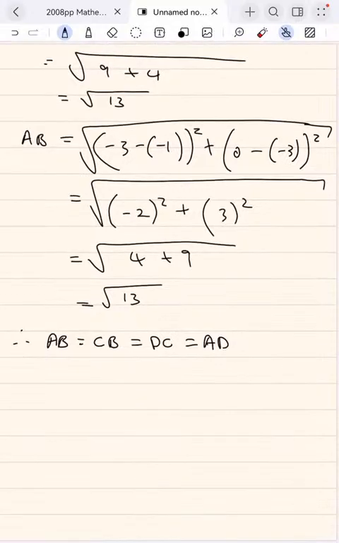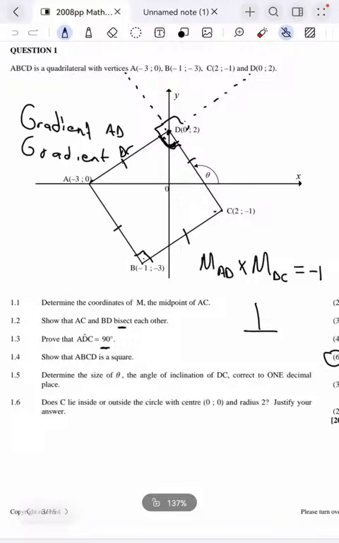Right? And then I must prove that the opposite angles are 90 degrees. I don't know if this is a complete proof, but I know for a fact that if you can prove now that this is also 90 degrees, you have proven it. Because if all sides are equal and the angles that are opposite to each other are equal to 90 degrees, it is a square.